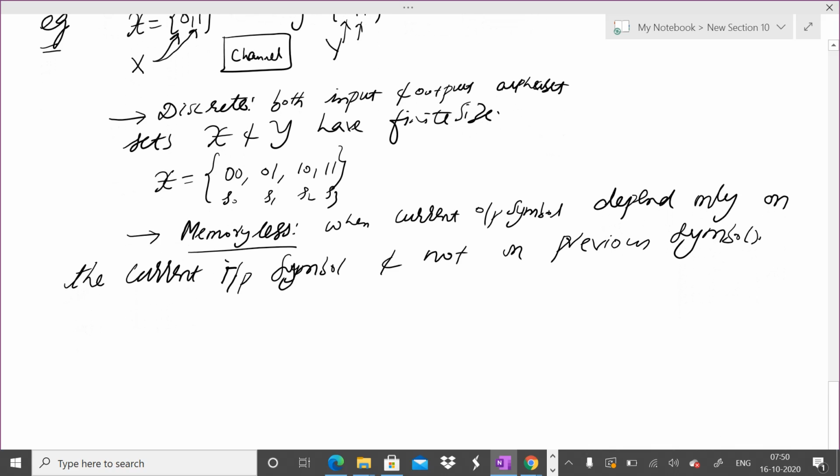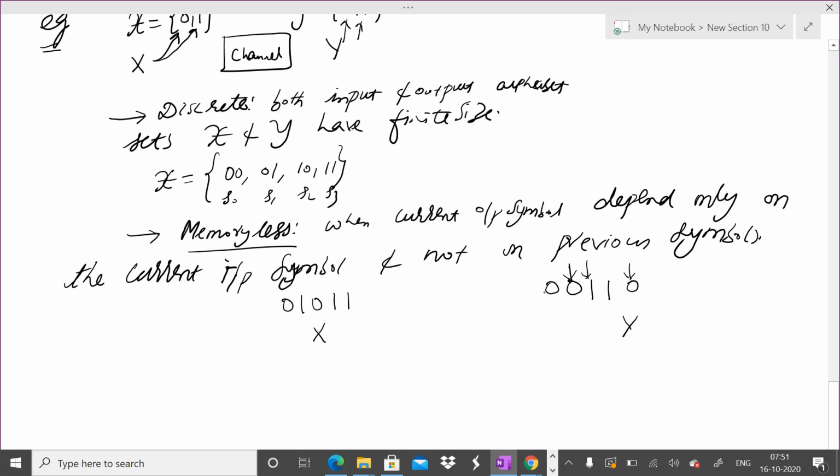Suppose I am transmitting 0 1 0 1 1, this is x, and correspondingly I receive 0 0 1 1 0. You can see that there is an error at this position, this position, and this position. I will be teaching you error control codes also at the end, on how to correct these errors. But right now there are errors, so this is your y.